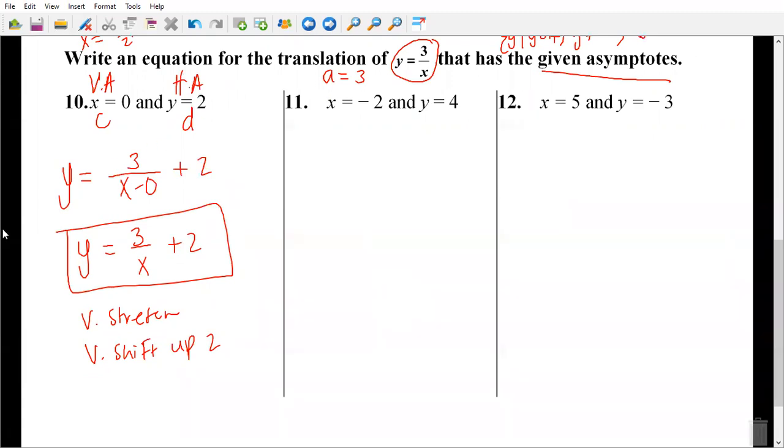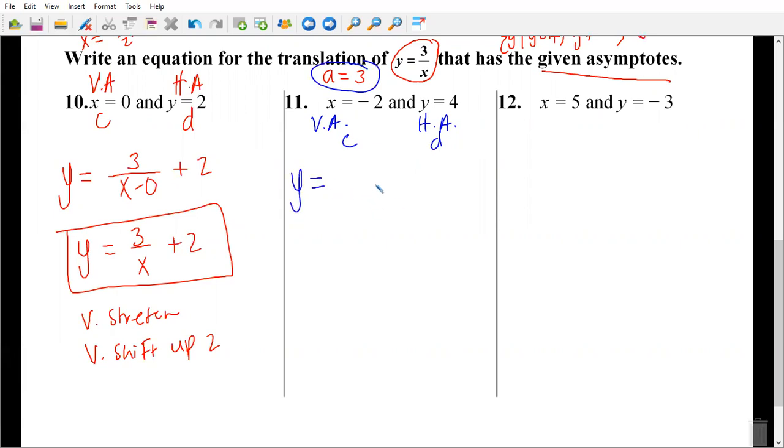All right, so let's do the next one. Again, your X is your vertical asymptote and your C value. Your Y is your horizontal asymptote and your D value. And it already told us our A. So what is our equation?